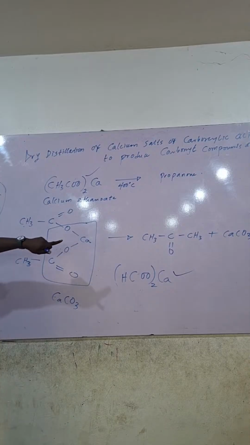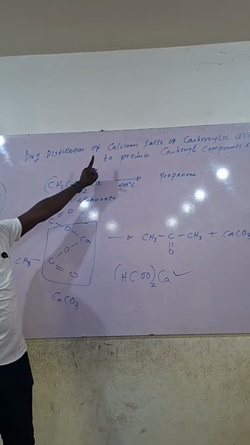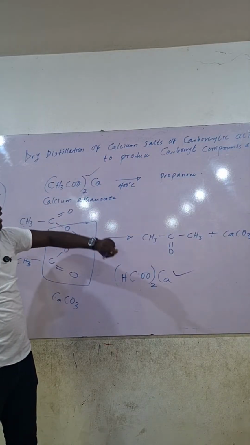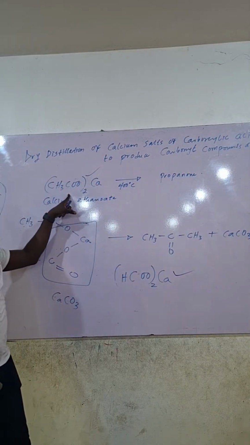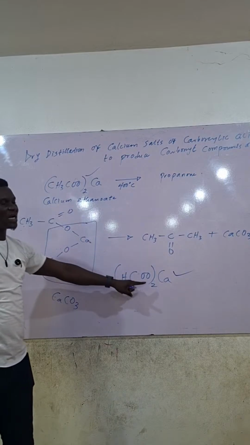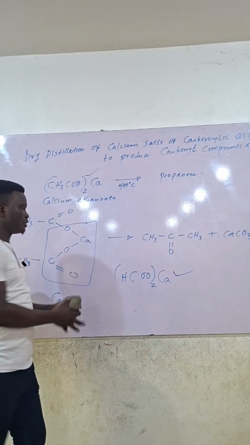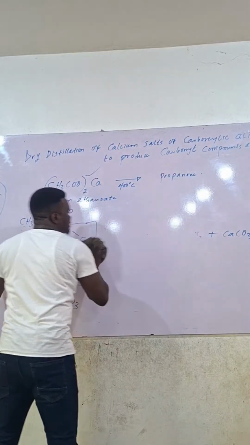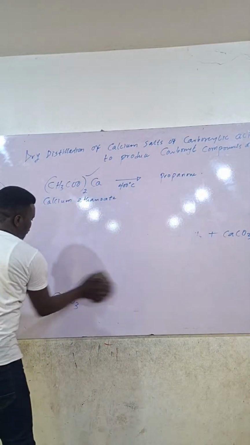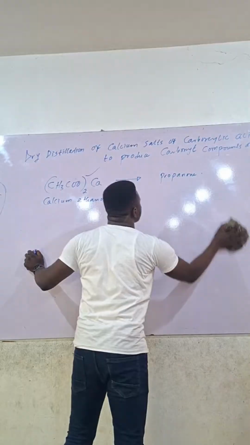The question is, what are the products you are likely to form from the dry distillation of the calcium salt of ethanoate that is mixed with calcium methanoate. So let's check it out. You already know the products you are going to get.